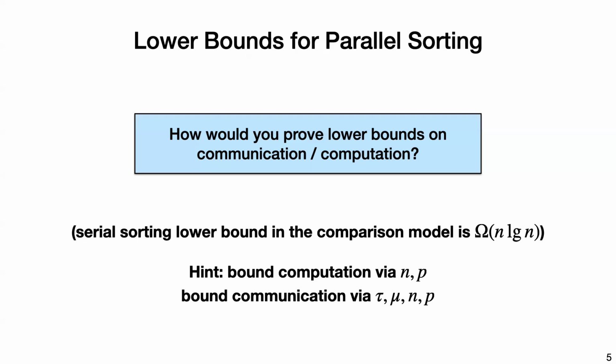So maybe we could start with the easier one. The serial sorting lower bound is n log n. And so for the computation time, can you think of a lower bound in terms of n and p?